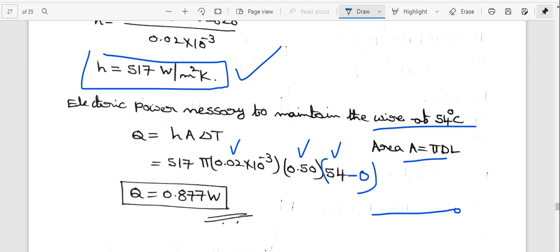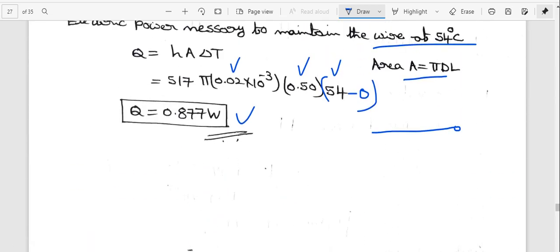So here Q equals 0.877. This is the cylindrical objects and tubes concept.